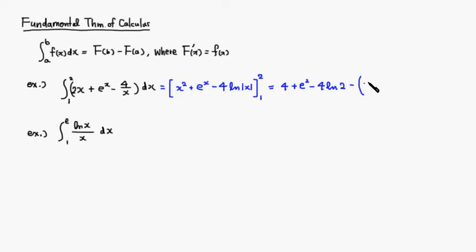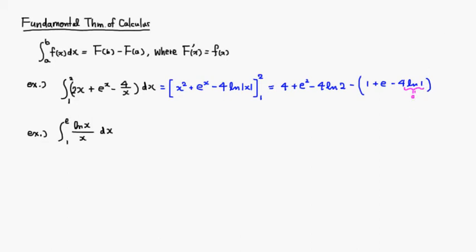So 1 squared is 1, e to the first power is just e, then negative 4 natural log of 1. But you can see that the natural log of 1 is 0.